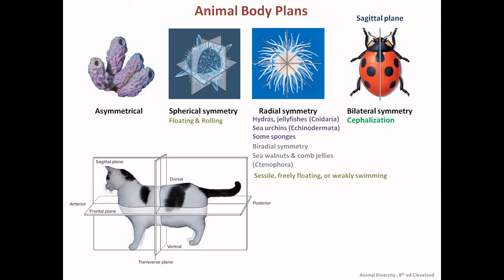So an animal showing bilateral symmetry has three types of planes. One is the sagittal plane, which makes two equal halves. Then there is the frontal plane, which is at 90 degrees to the sagittal plane, and there is the transverse plane.